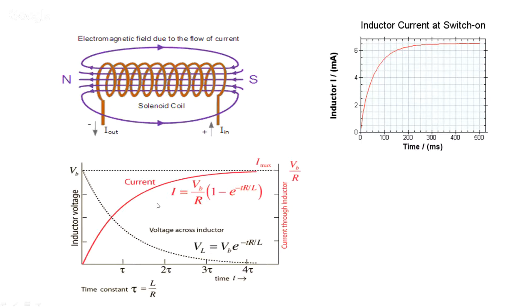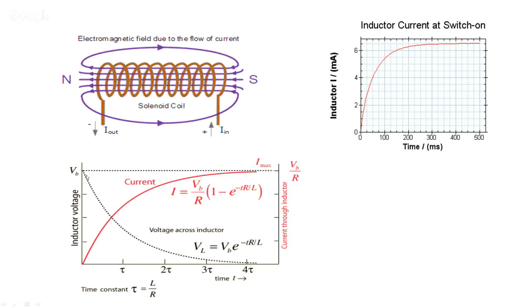In this graph, you can see that the current is going to take some time to build up the magnetic field around the coil. Similarly, if we stop the flow of current through the inductor, it takes some time to come back to zero.